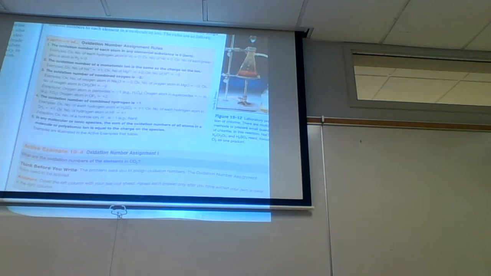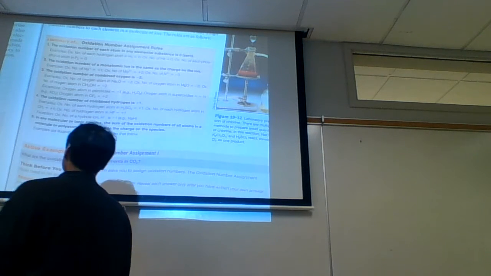We have 2 oxides. That can't work because each hydrogen would have to be 2+ to balance out the charge. This whole thing is neutral. But the problem is hydrogen only has 1 electron. Can it lose 2? No, it can't lose 2 because it doesn't have 2 electrons. And so in hydrogen peroxide, the oxygen has to be -1.